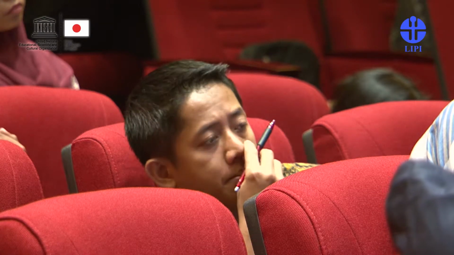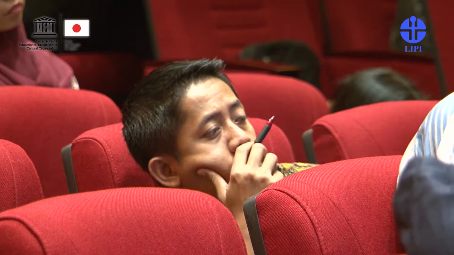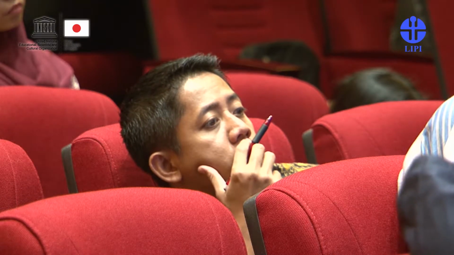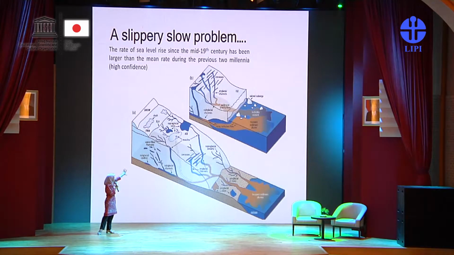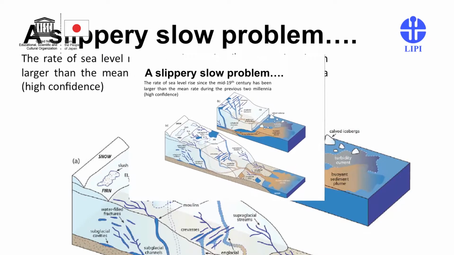Because sea level rise is one of those slippery slope issues. So you can imagine this is Antarctica. We have glaciation, right? You have a glacier, and once you heat the ice, the ice becomes water, and the water will go through the cracks of the ice, and actually becomes lubrication.